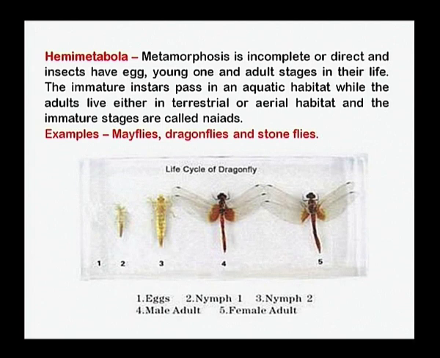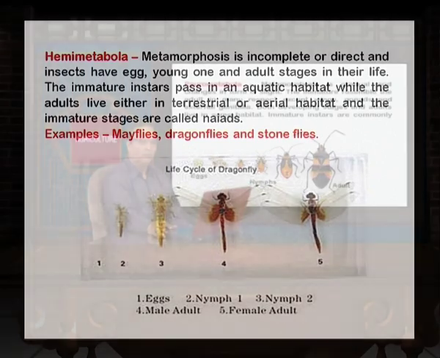Out of these, one of the immature stages passes through the aquatic habitat, while the adults live in the aerial habitat or on the soil. The examples are mayflies, dragonflies and stoneflies.